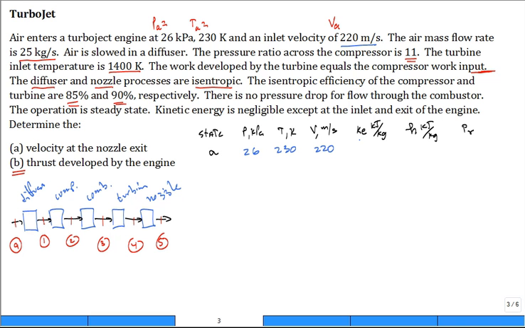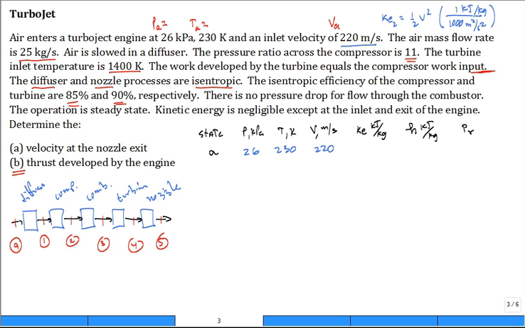So we can calculate that kinetic energy. We already know the kinetic energy equation: that's 1/2 V squared. But don't forget a unit conversion factor: 1,000 meters squared per second squared is precisely 1 kilojoule per kilogram. Do you remember that unit conversion?